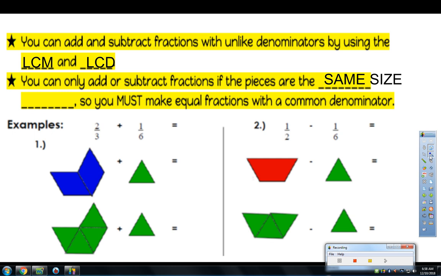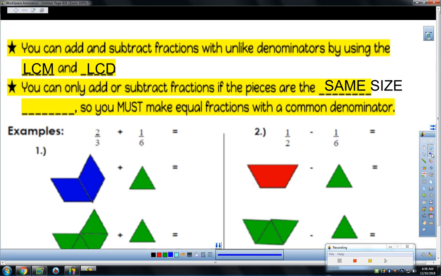So if you'll notice here, each of these blue shapes, if I were to cut it in half, I can make two of these green ones. So when I trade in this 2/3, I'm going to get 4/6 back.